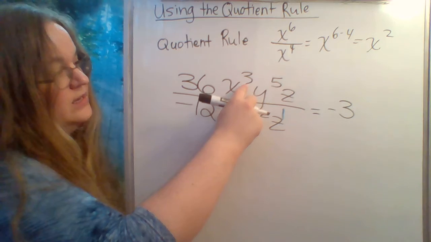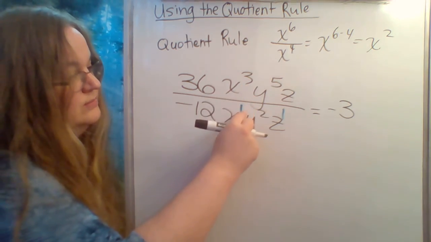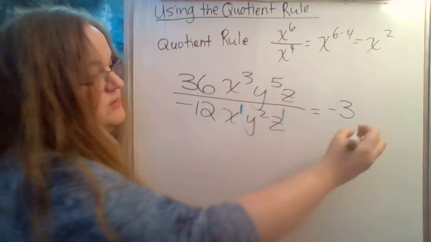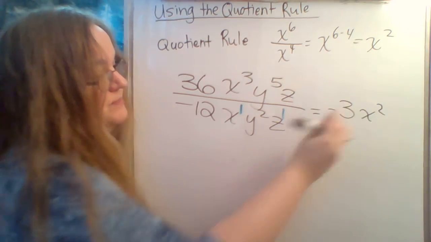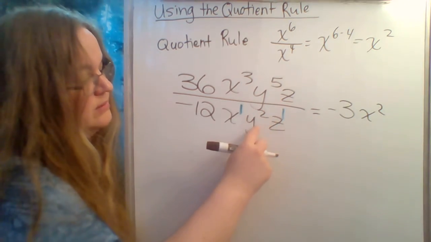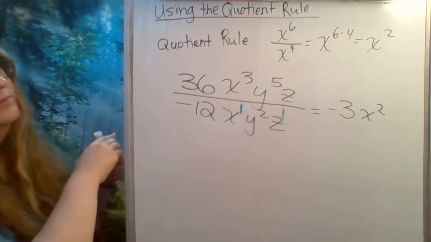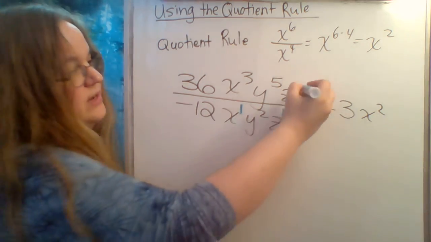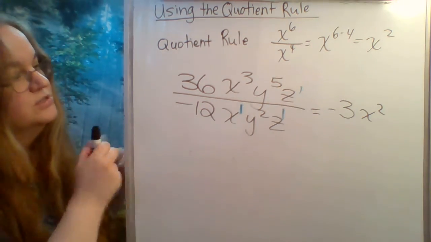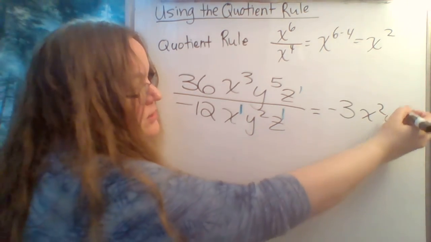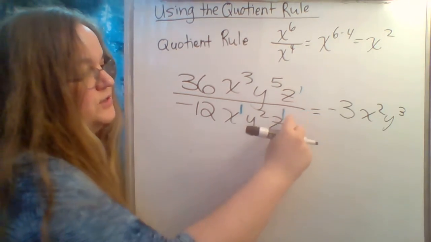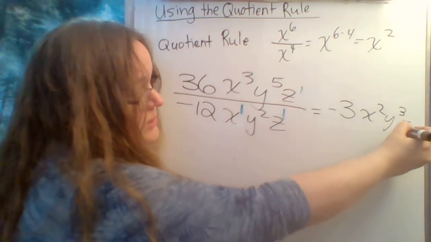x to the 3rd, minus 1, so 3 minus 1 because I'm dividing, is x squared. Y to the 5th divided by y to the second is 5 minus 2, and so that would be y to the third. And z to the first, so 1 minus 1 is 0.